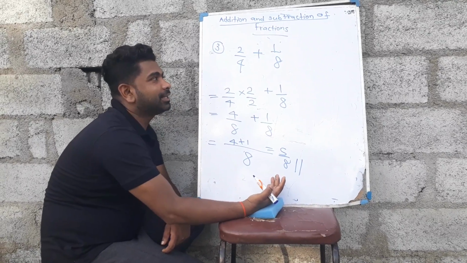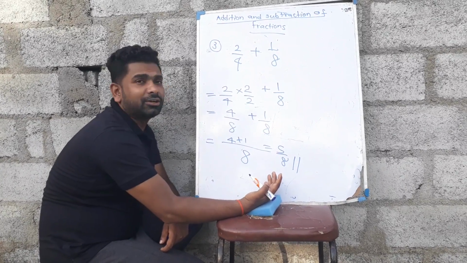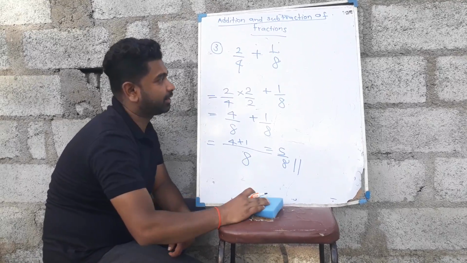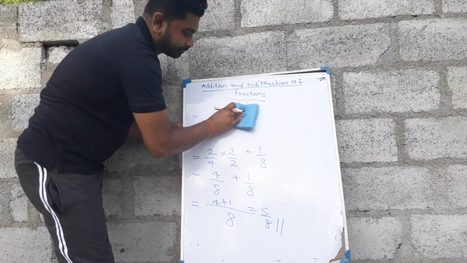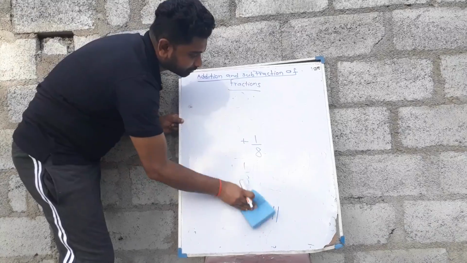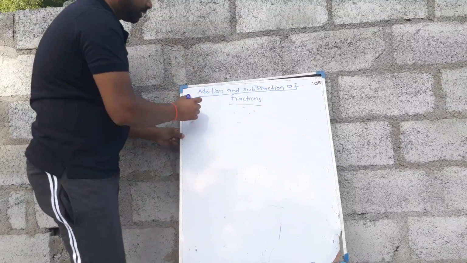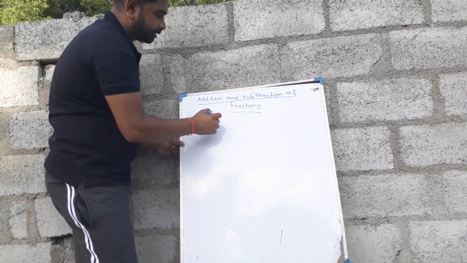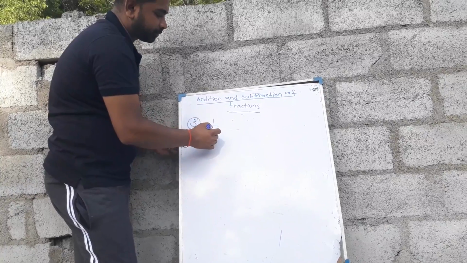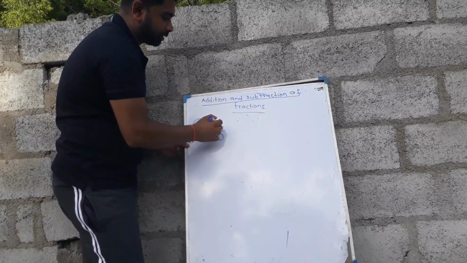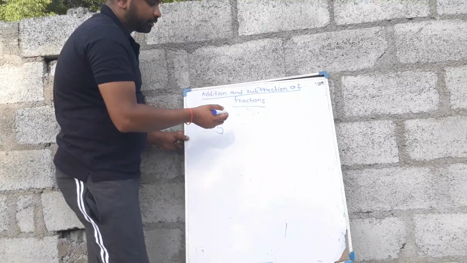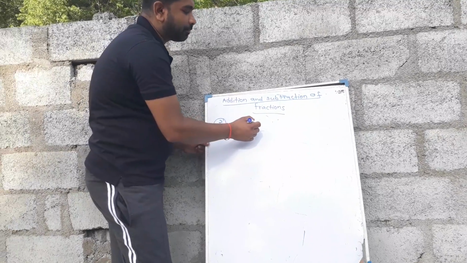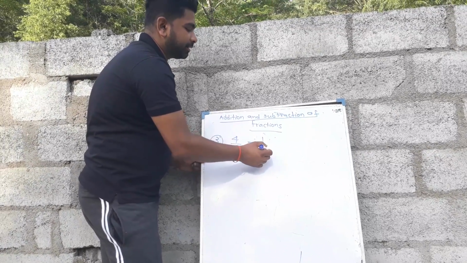So I think we calculated these fractions with the knowledge of equivalent fractions, right? Let's go to another one. The third one: 4 fifths minus 1 tenth.